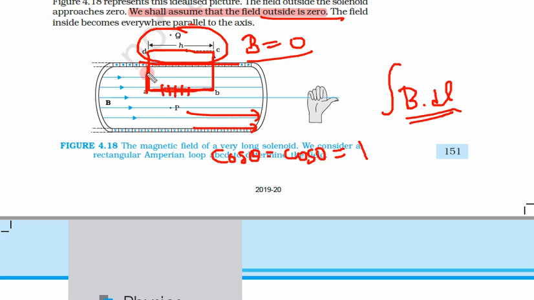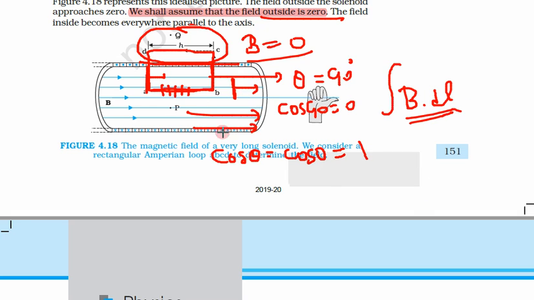But if you take this portion and this portion, for these two portions, the field is in this direction, the portions are in this direction. So theta is equal to 90 degrees, cos 90 is equal to 0. So B dot dl becomes 0.